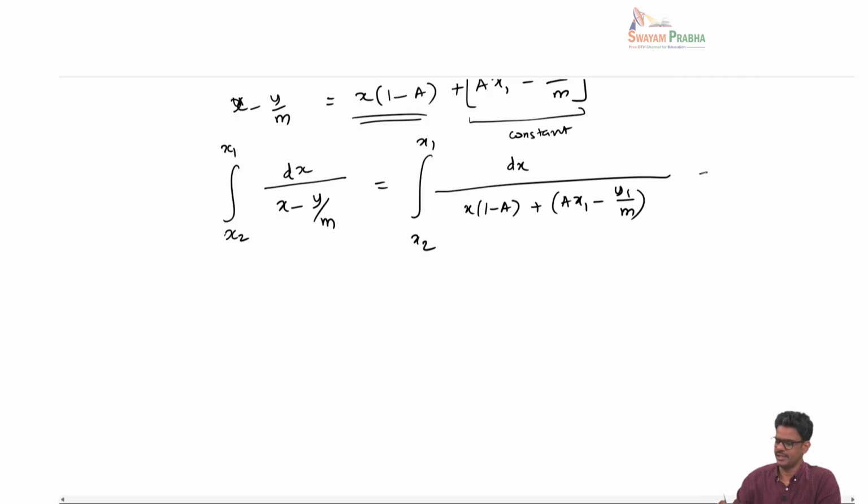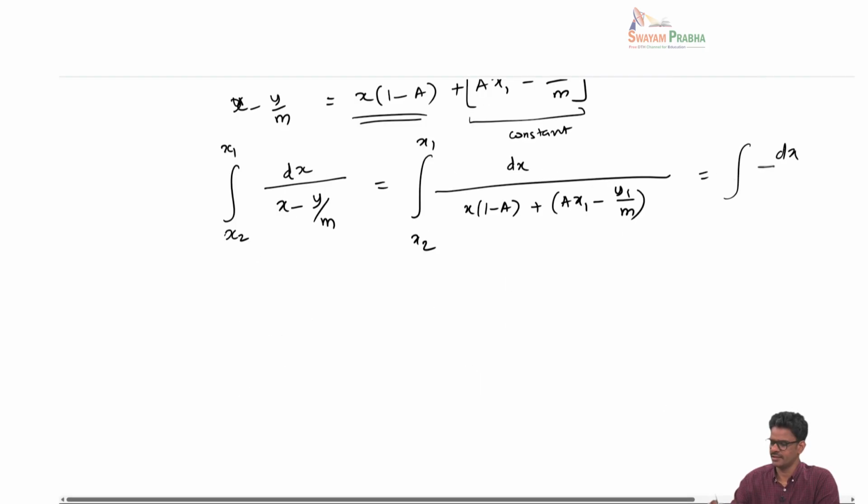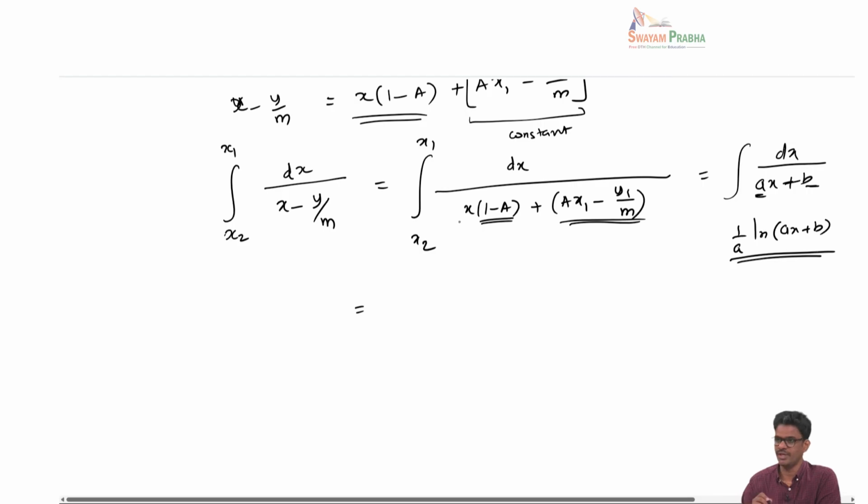this is basically in the form of dx by some ax plus b kind of formula, right? Because this small a here is nothing but 1 minus A, and this b constant is all these terms. And you know that this integral is 1 by a ln of ax plus b. You can use this formula to integrate this.